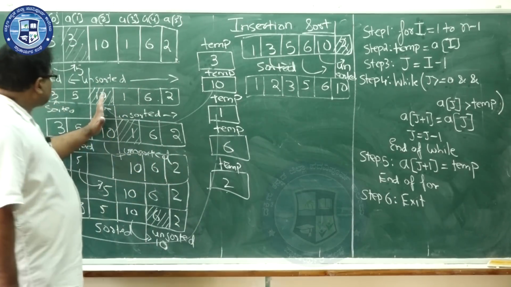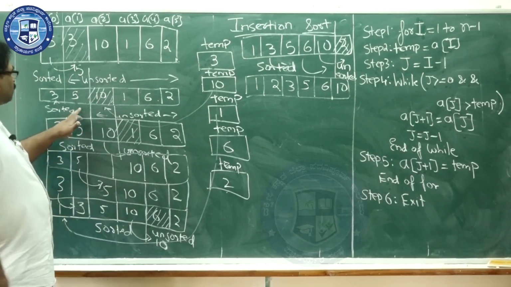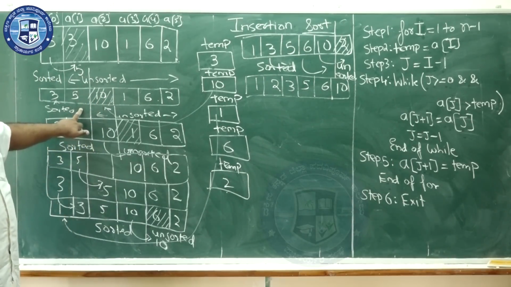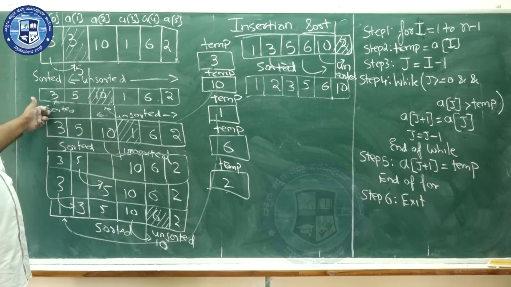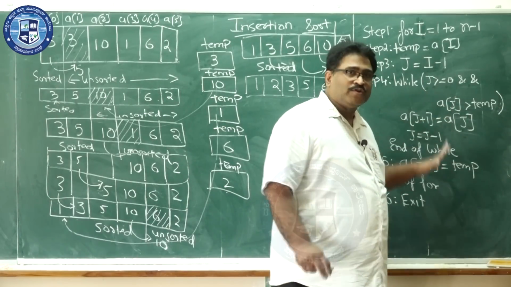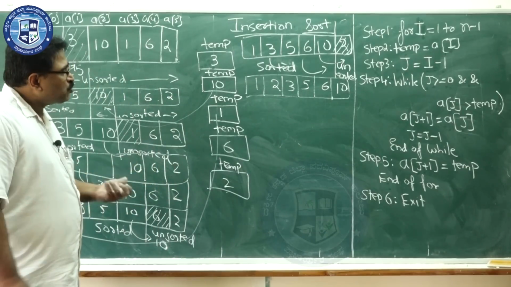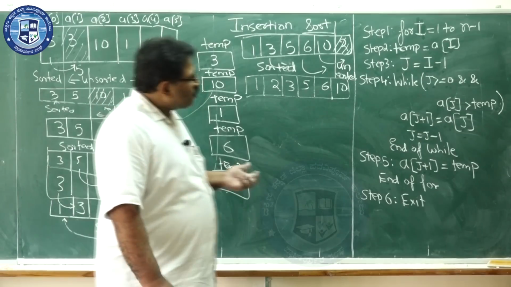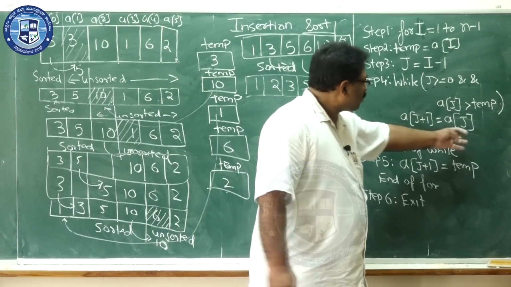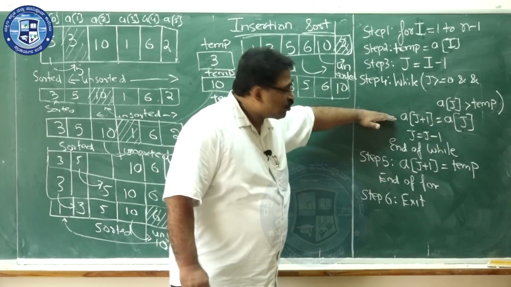So if this is your I, then J has to start from this position and move towards 0. That's the reason it will ask the question, J is greater than or equal to 0. That means anything below, it needs to stop. So then we transfer the value into J plus 1. What is this statement talking about?